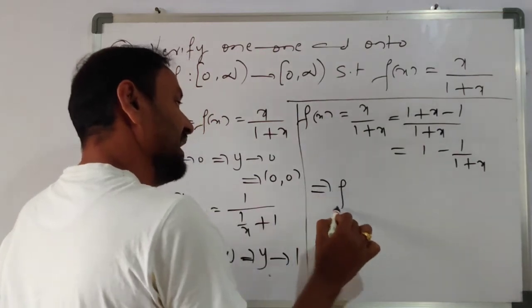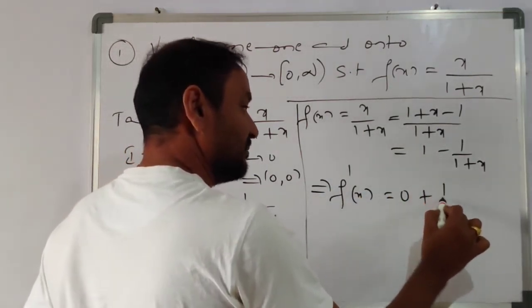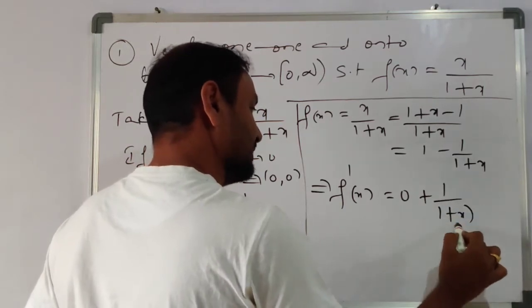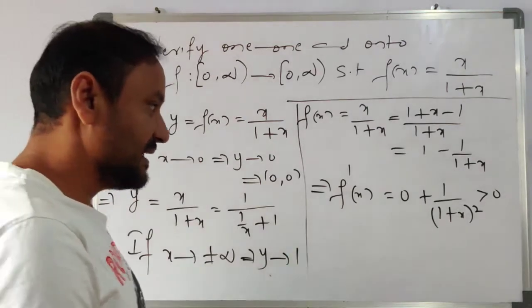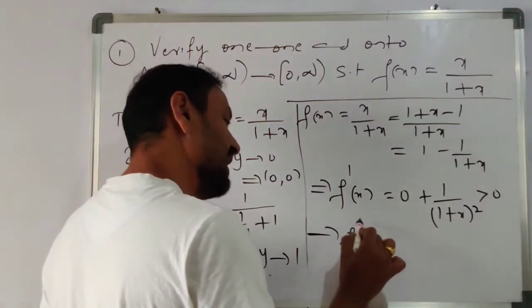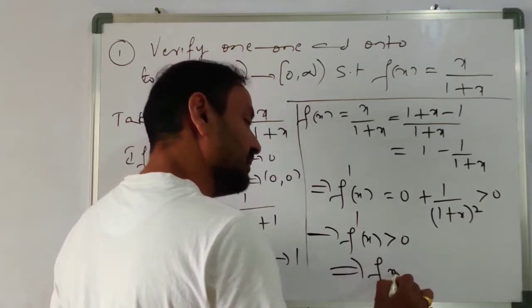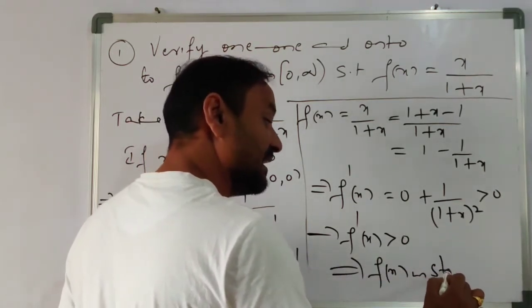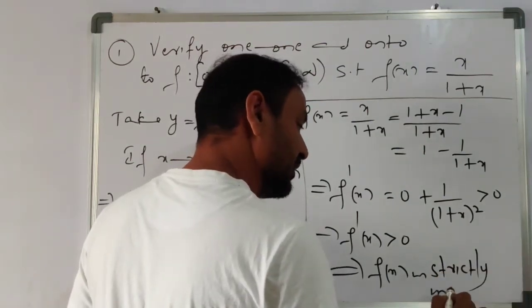So f dash x is equal to 0 plus 1 by 1 plus x square. This is always positive, so f dash x is greater than 0. That implies f of x is a strictly increasing function.